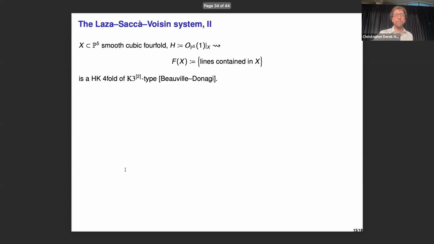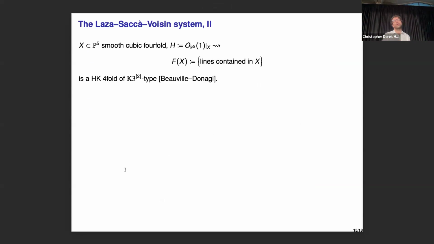And so the main thing here is the following, to answer Jim's question. So we saw the construction of LSV, now let's give a moduli interpretation. But moduli, this means that really I want the smooth O'Grady example to be a moduli space. And so we use atomic sheaves now. So let's go back. We have a cubic fourfold, we have an M-pole. And so what is the hyper-Kähler associated to a cubic fourfold?